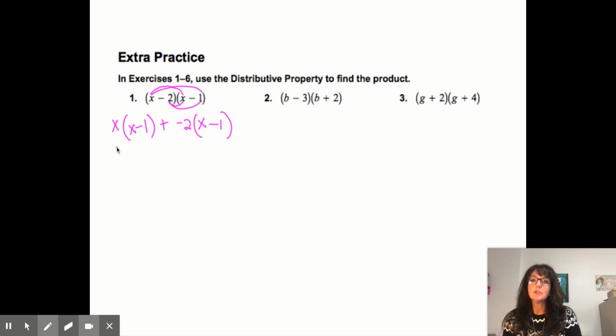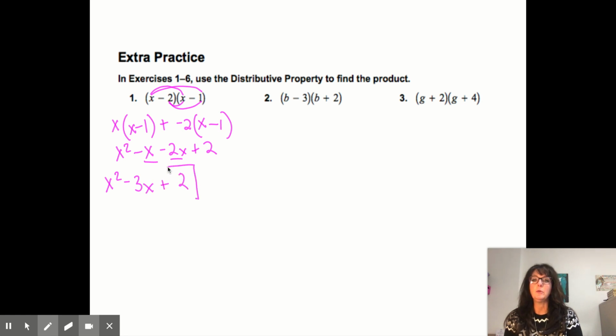So we get x squared minus x, and then -2 times x is a -2x, and -2 times -1 is a +2. The like terms are right here in the middle, so x squared minus 3x plus 2.